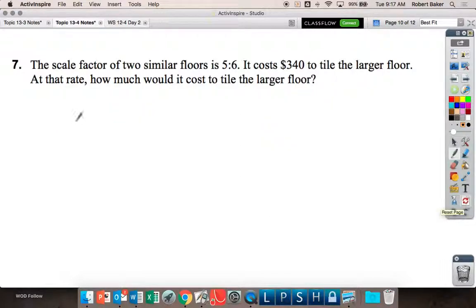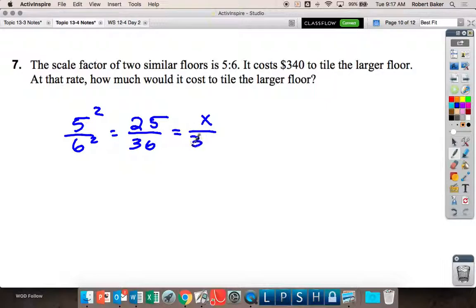So that would be, let's see, 25 times 340, 8,500 equals 25x, divided by 25.